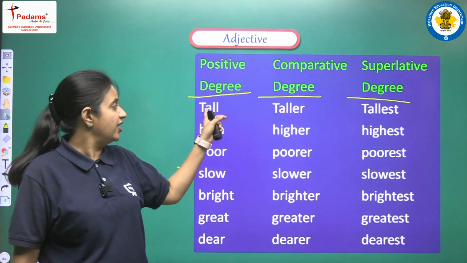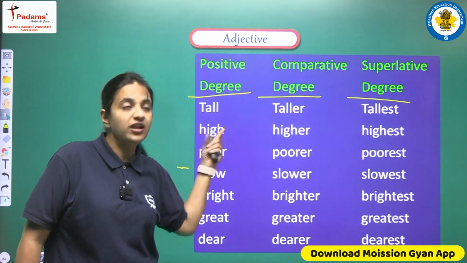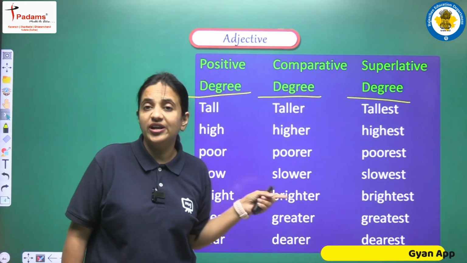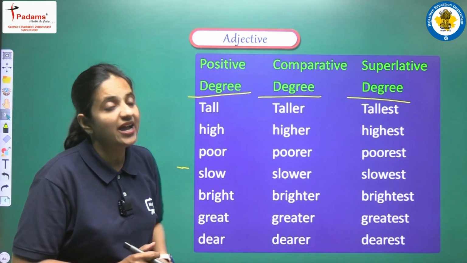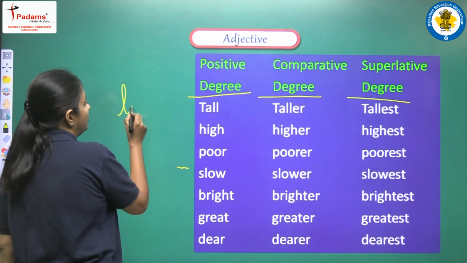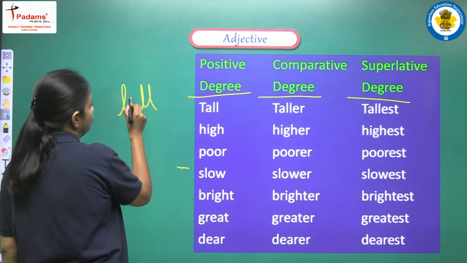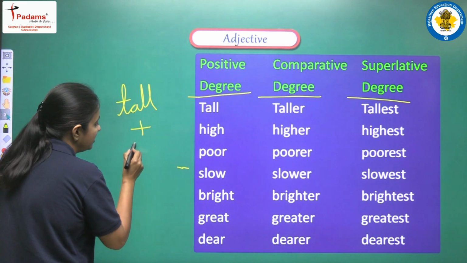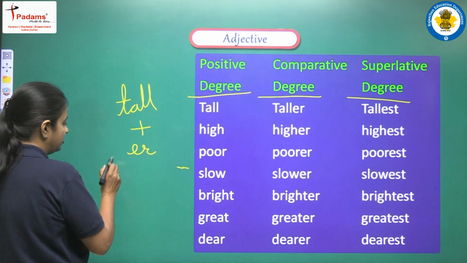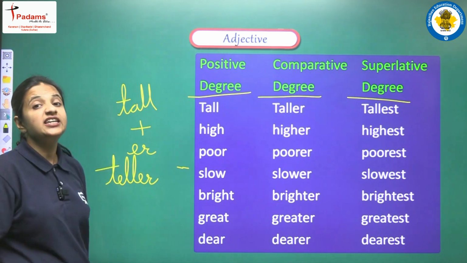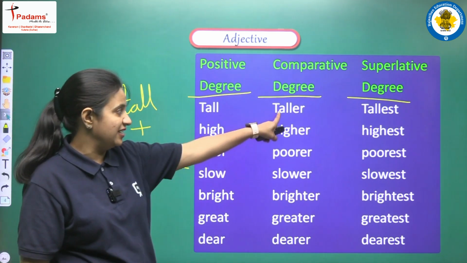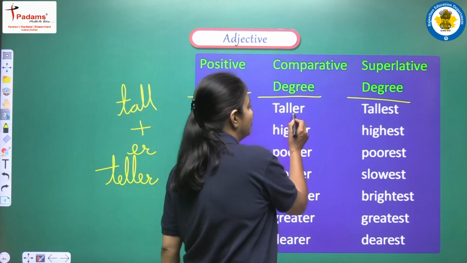Now we have to convert this word, tall, into comparative degree, and according to the rule we have just discussed, we have to add er. Suppose I am writing here, we have tall, we have to add er. So what will we have? We will have taller. Clear?